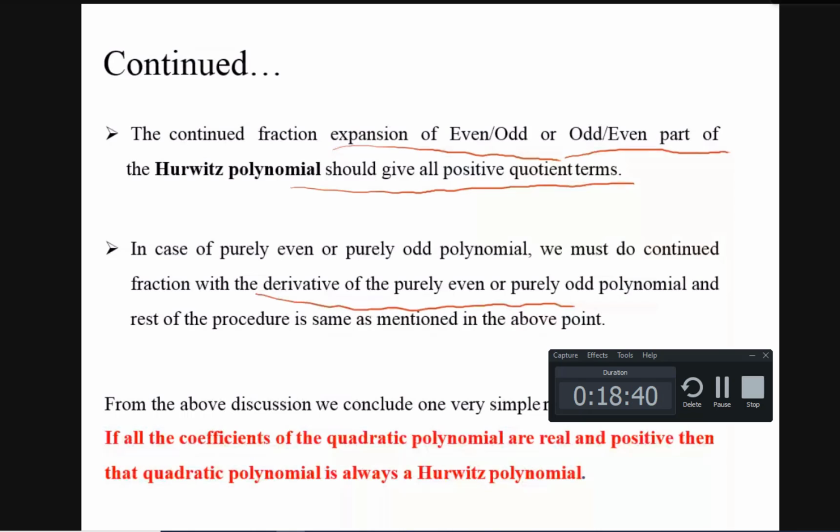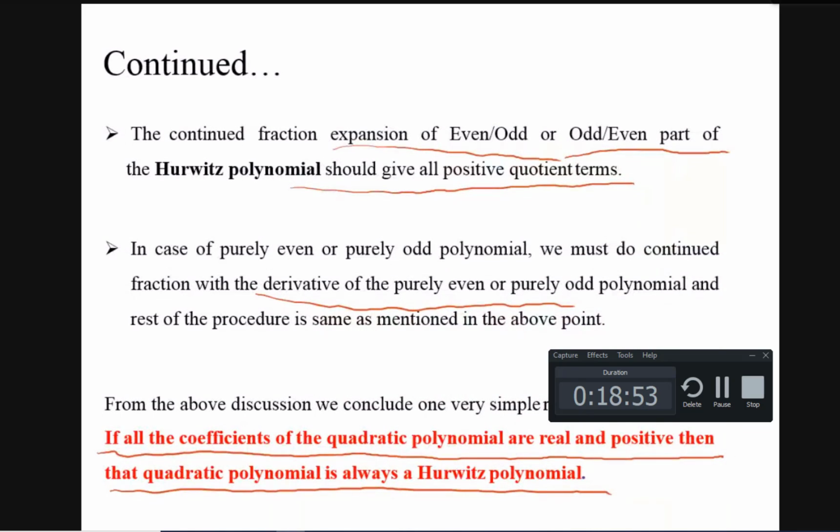So from the above discussion, if all the coefficients of a quadratic polynomial are real and positive, then that quadratic polynomial is always a Hurwitz polynomial.